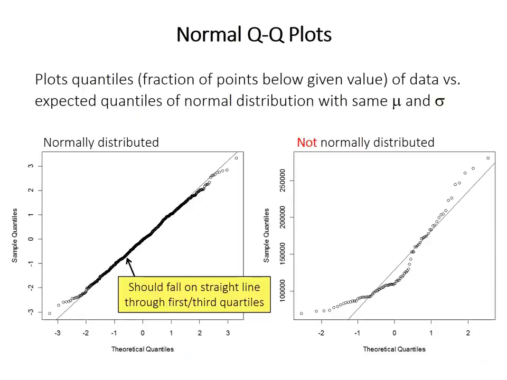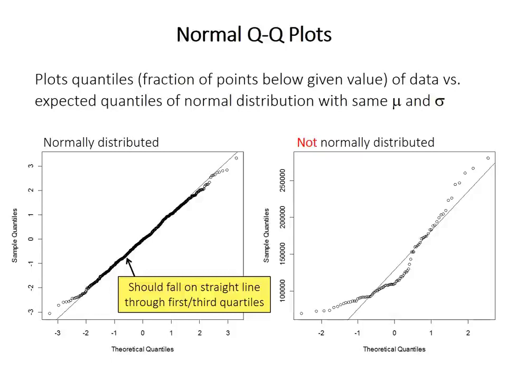First, a quick description of something called QQ, or quantile-quantile plots. They're actually related to the Shapiro-Wilk test, as you'll see in a second. So these plots have the actual data on the y-axis, the sample quantiles, with the values ordered from smallest to largest. The x-axis shows the expected, or the theoretical, normal quantiles.